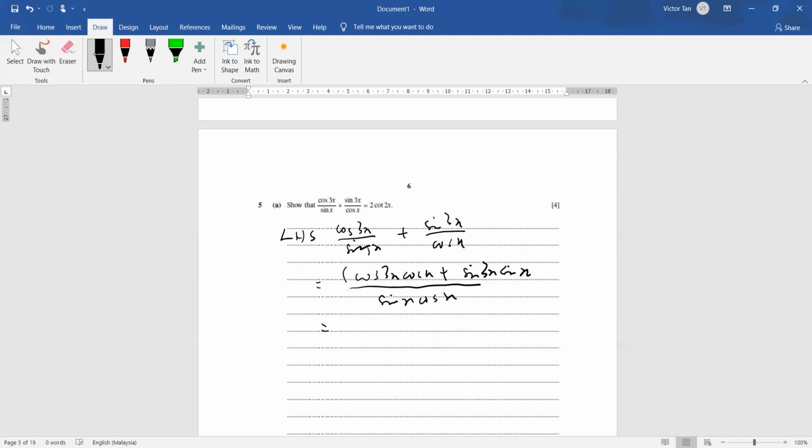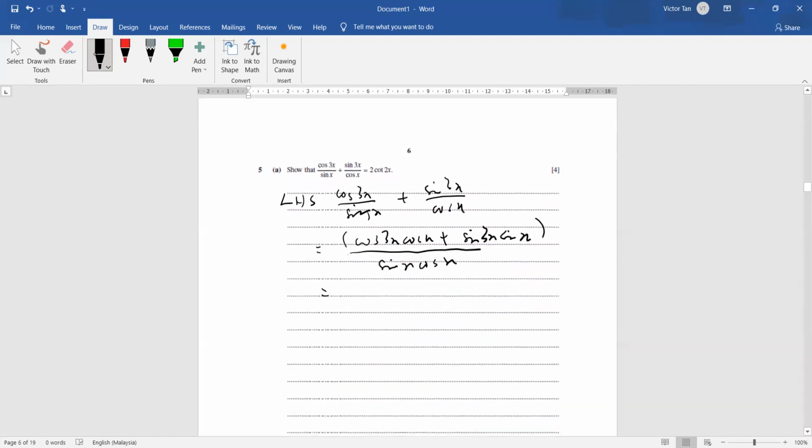Now, the numerator is your compound angle formula cos A minus B. So this will be cos 3x minus x over sin x cos x.